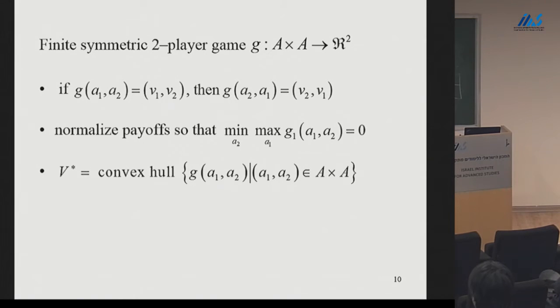There should be a greater than 0 here. V star is feasible and individually rational. So I left out the individual rationality.